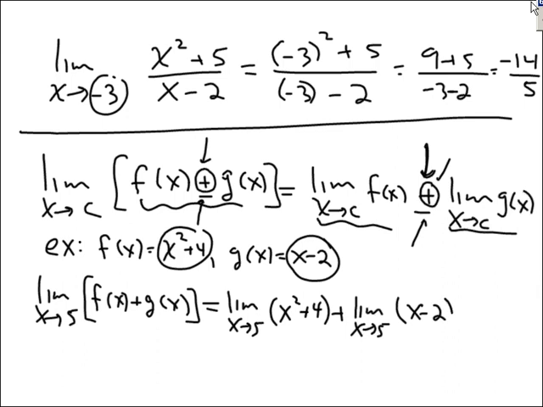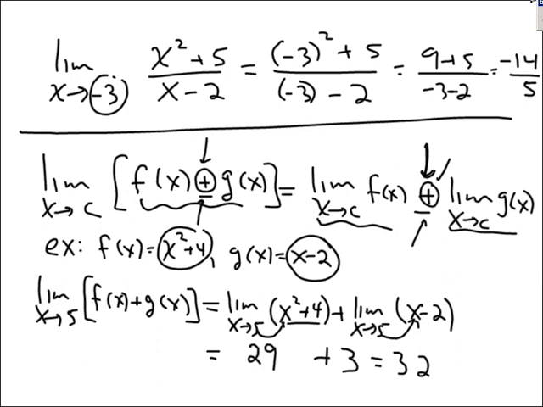Substitute 5 squared plus 4, 25 plus 4 is 29, plus 5 minus 2 is 3. Answer is 32.